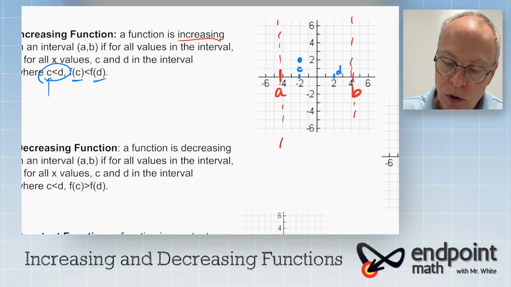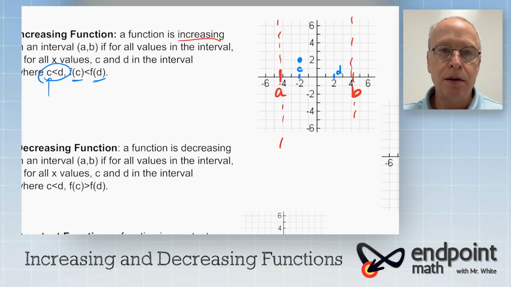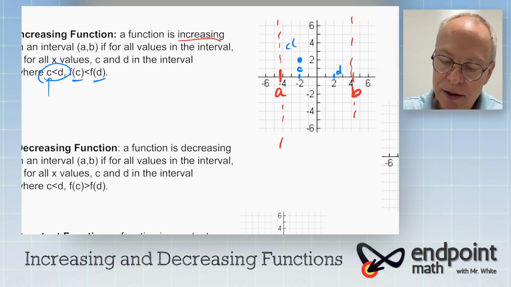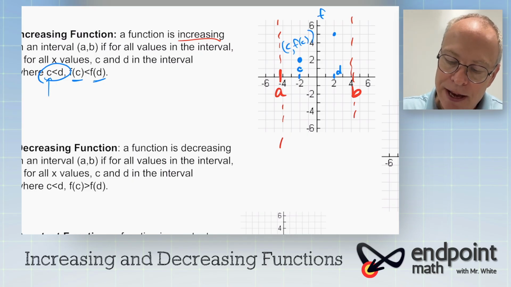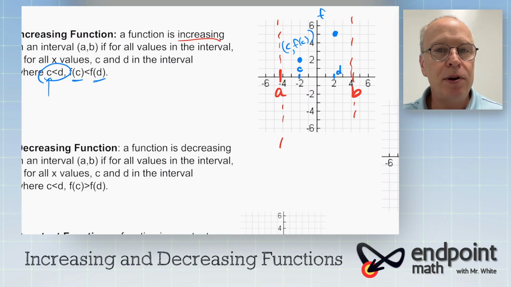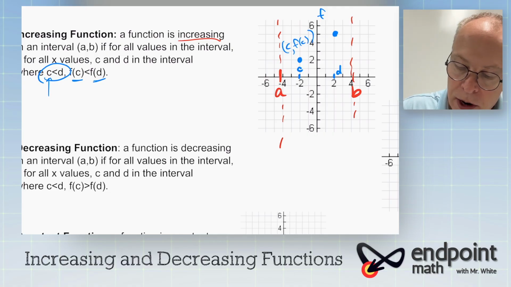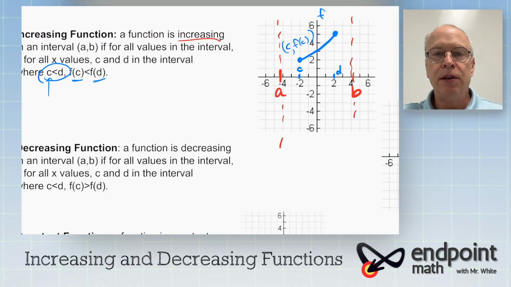So if this were this point, that would be c, f of c, right? We're talking about a function here, some function f. Then d would be up higher. The output is higher at d. Again, wherever you put these things.